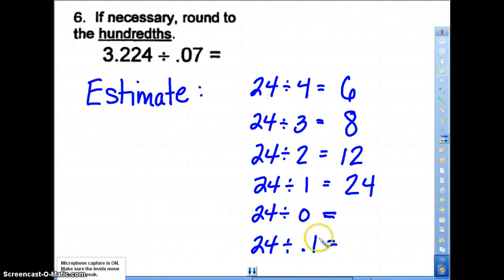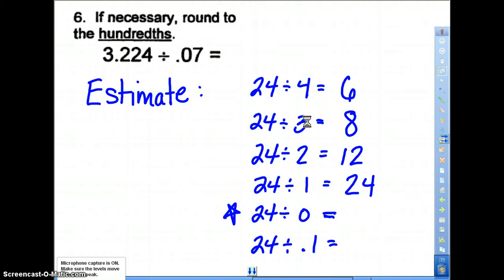What's 24 divided by 0? Yeah, that one's special. Why is that one special? You can't divide by 0. That's right. Okay, now I want you to take a look at this. The 24 always stays the same, but the number that you're dividing by keeps getting what here?